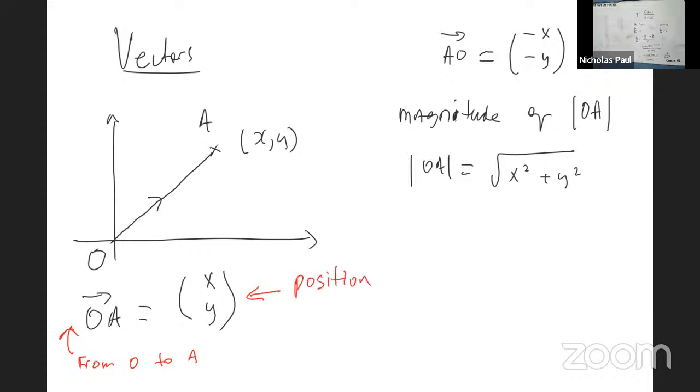It's called the position vector of A. So if I ask you to find the position vector of A, you just find O to A. All right, copy it down. Let's do an example.